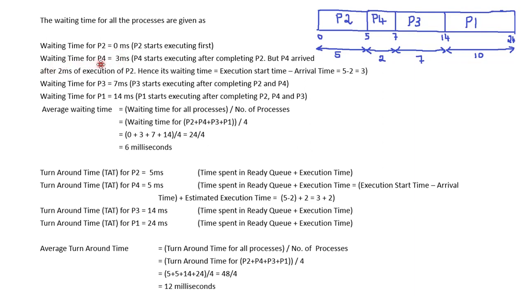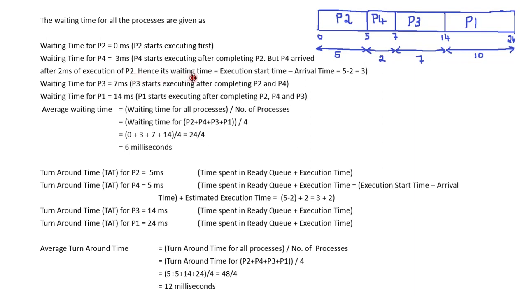Waiting time for P4 is 3 millisecond because total time of execution of P2 is 5, but P4 enters after the 2 millisecond of execution of P2. So the remaining time of execution of P2 is 3 millisecond. Only for that duration P4 waits, right? P4 starts executing after completing P2, but P4 arrived after 2 millisecond of execution of P2.